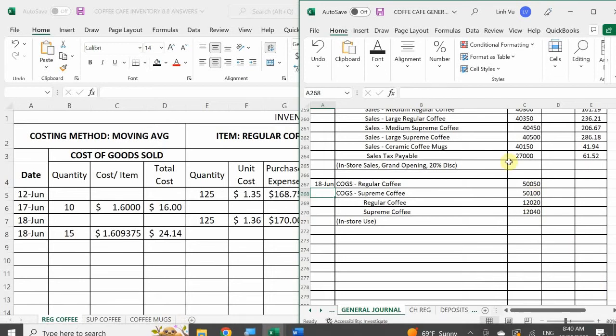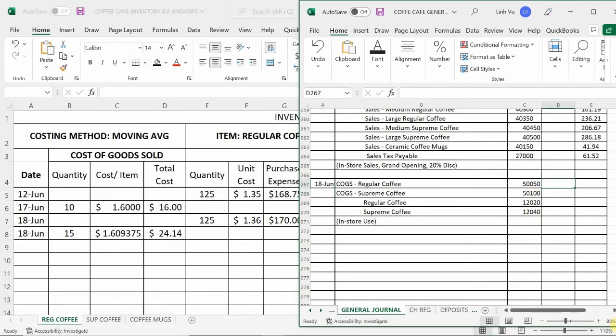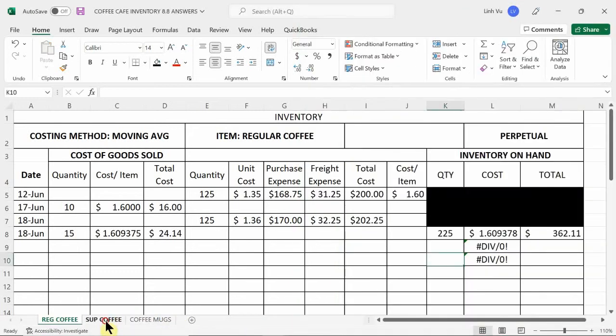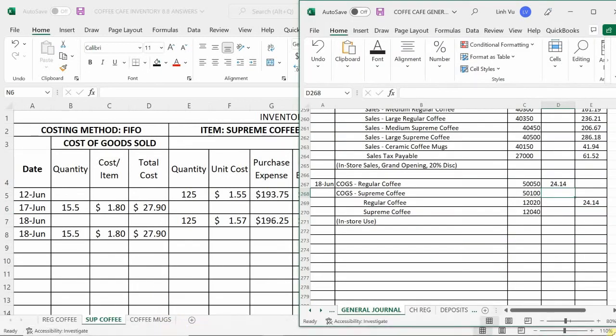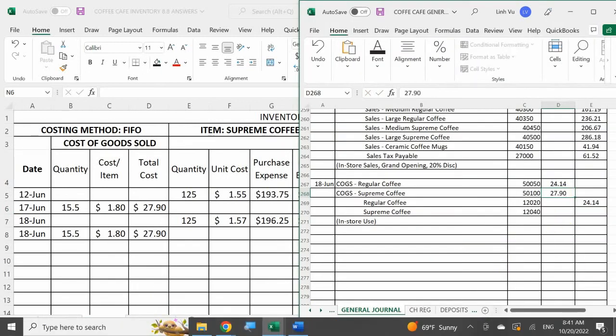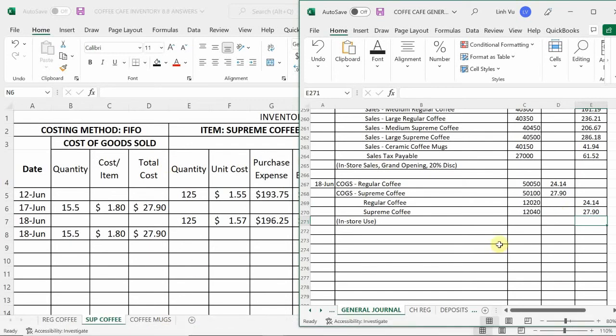So how much was for my regular coffee? $24.14. Okay. And how much for my Supreme coffee? $27.90. Okay. Good. All right. For in-store sales.